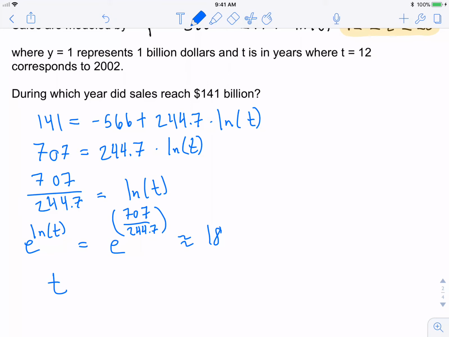And the right-hand side, we said, is about 18 years. So if 12 is equal to 2002, then 18 is equal to the year 2008, since it's 6 bigger.